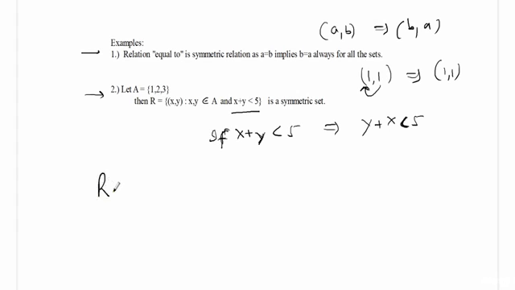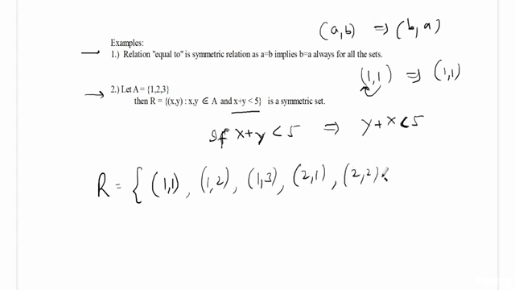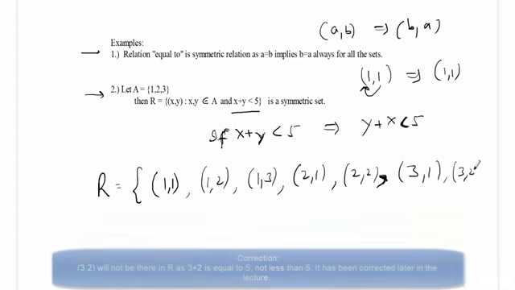What will be the ordered pairs of R? (1, 1) will be there because 1 plus 1 is less than 5. (1, 2) can also be there. (1, 3) can also be there. Then (2, 1) can be there. (2, 2) can be there because the sum of all of these is less than 5. Then (2, 3) can't be there because the sum is equal to 5. And (3, 1) will be there. (3, 2) will not be there.